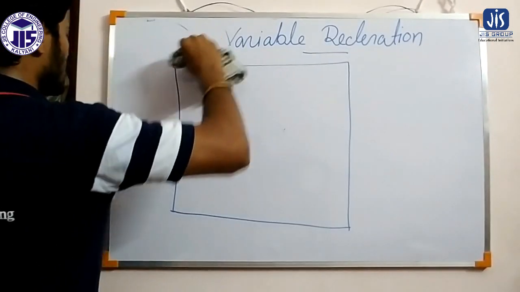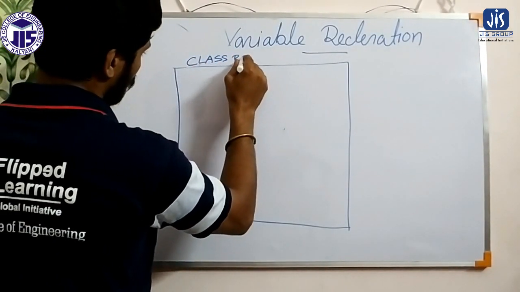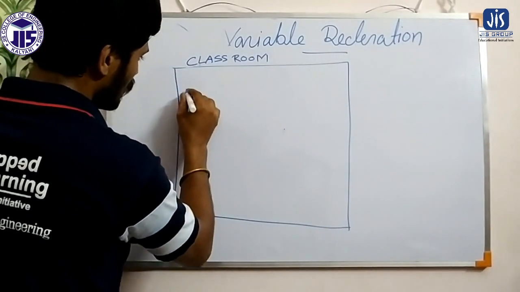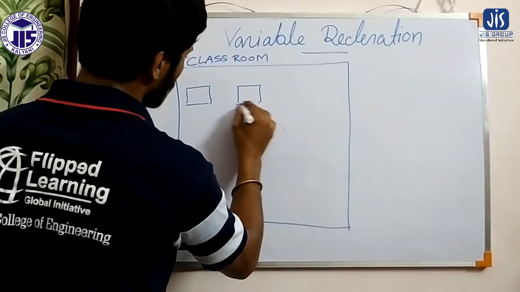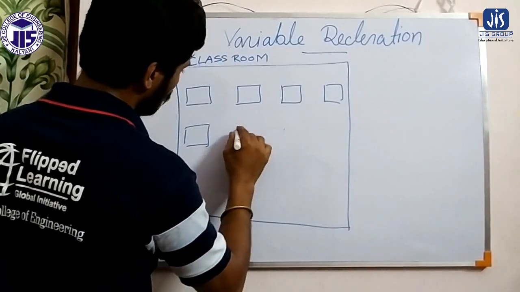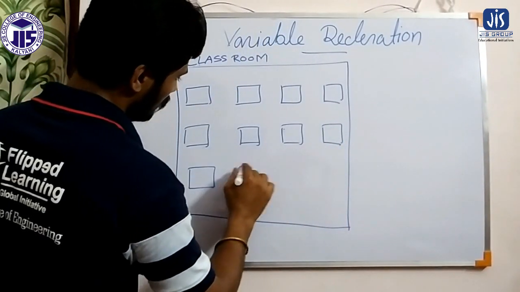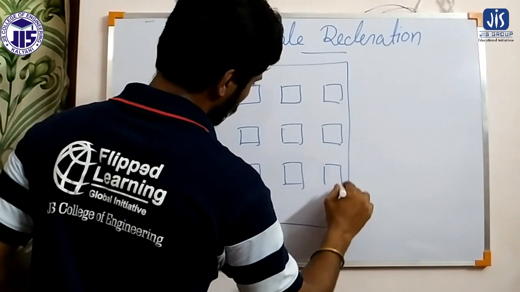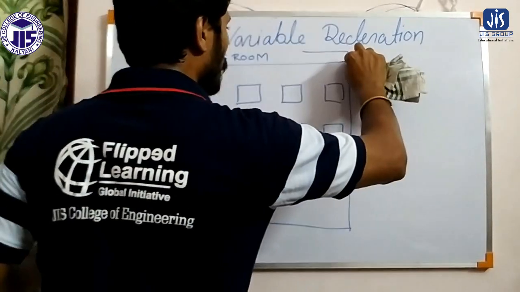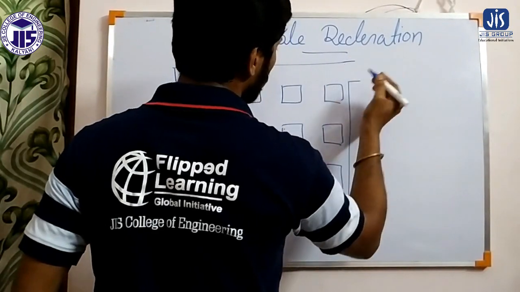Let us consider this is our classroom, and the classroom consists of desks. So in that way some desks are there. Now, this is for example the entry of the classroom. This is the entrance of the classroom.